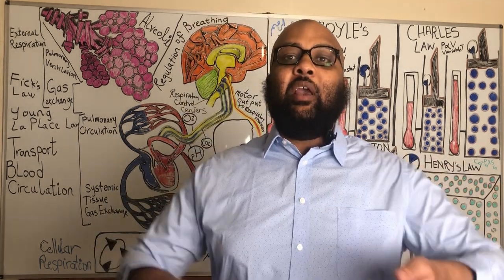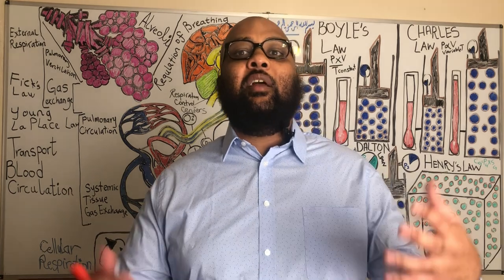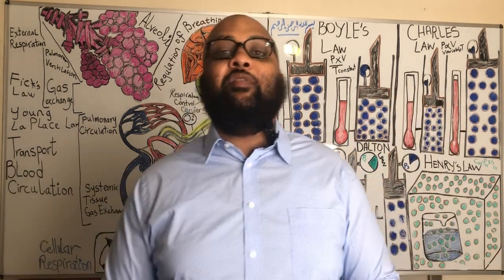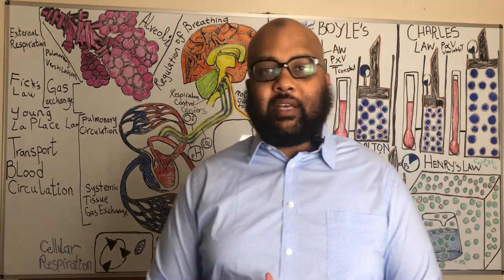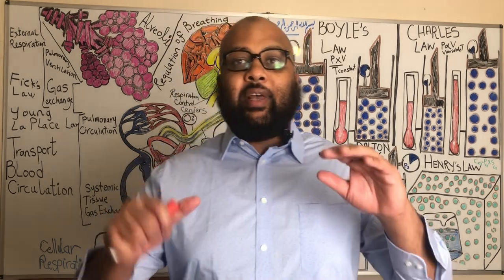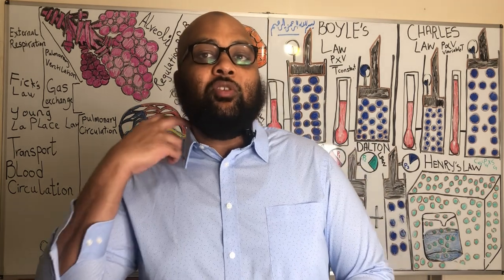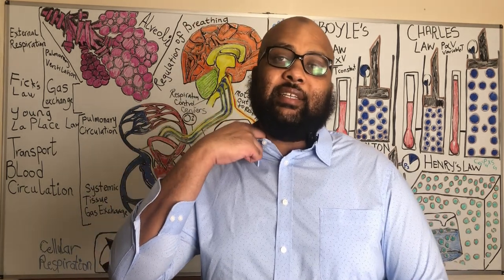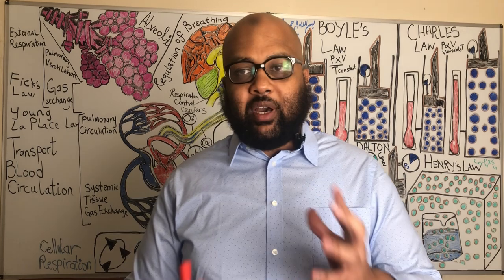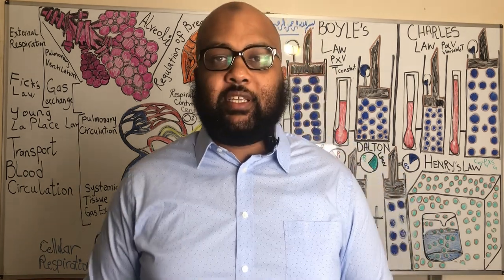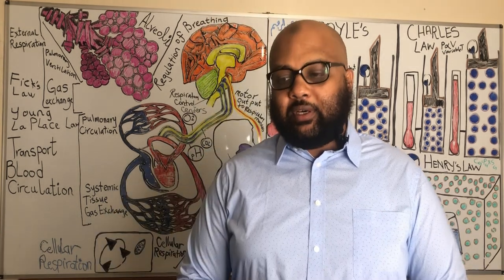It cannot be more acidic than that, and it cannot be more basic than that. If there is more carbon dioxide, rest assured the pH will drop and you will have acidemia, and there will be so much acid in your body that it would become a stressful, noxious stimulus that would put your life in danger.